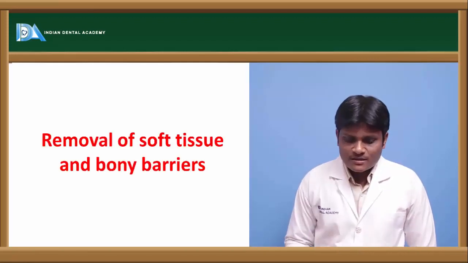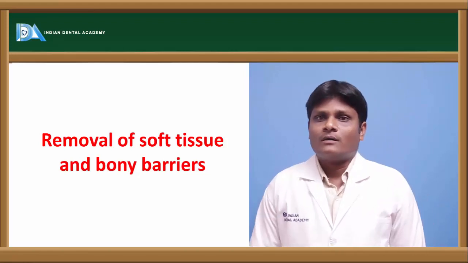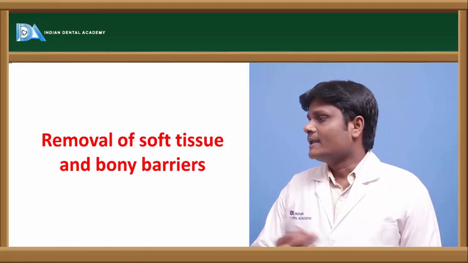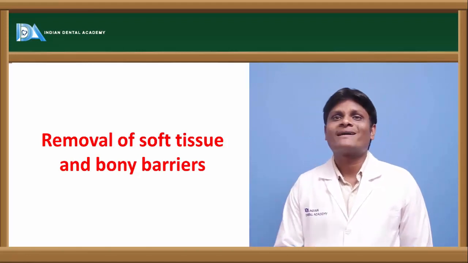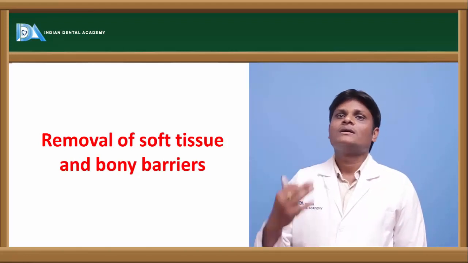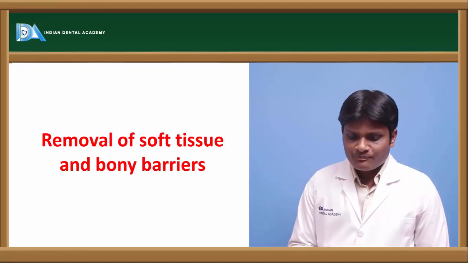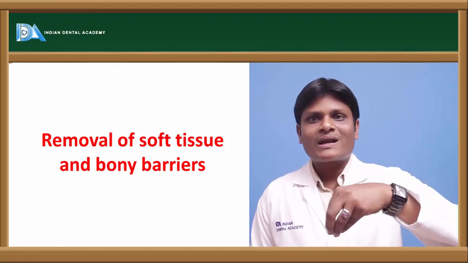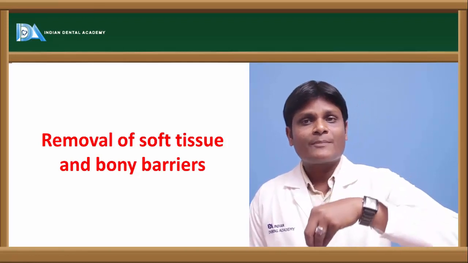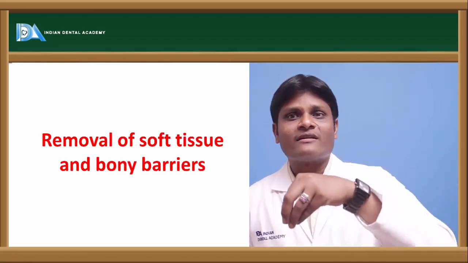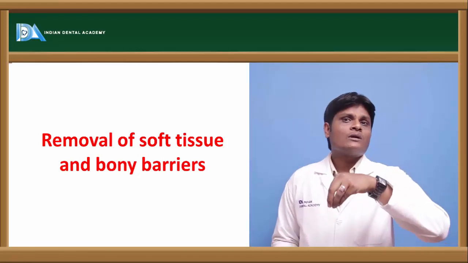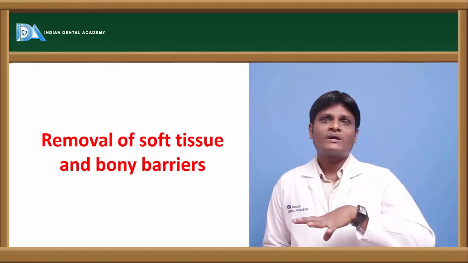Now, last but not the least important interceptive orthodontic procedure is the removal of any hard tissue or soft tissue barriers in the path of eruption of the teeth. For example, in some patients, the gingiva overlying the developing or erupting permanent tooth might be thick and redundant, and sometimes the thickness of the bone in the region of the erupting permanent tooth might be too much.